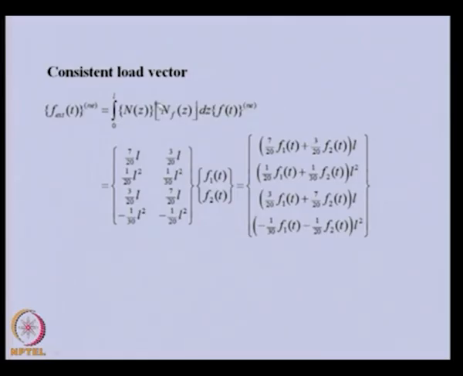If we integrate this, we will get the consistent force vector for linearly varying force like this. So this is the force, and these are the moments. This is a consistent force vector for linearly varying force. You can see that we can extend this analysis if the distribution is parabolic or cubic, or along similar lines.